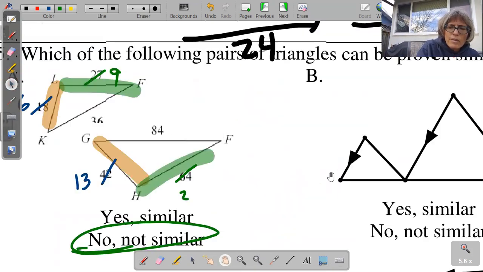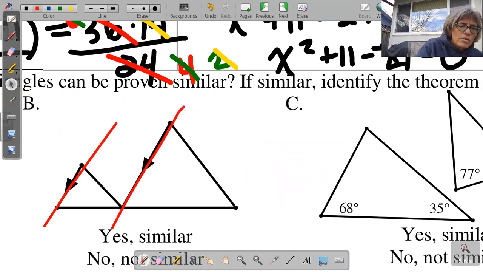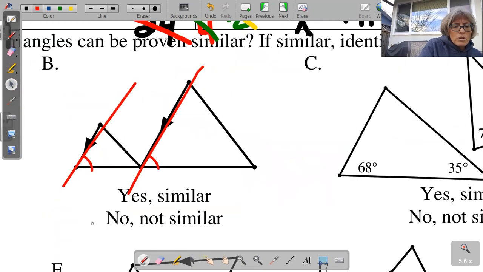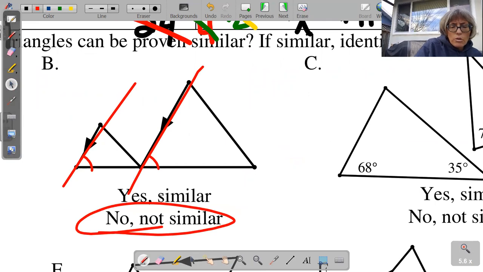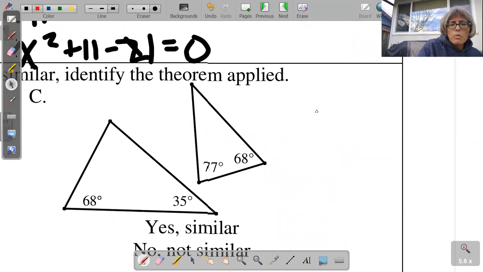Come over here. We have parallel lines. So that at least gives us these angles here, which are corresponding, but you don't get anything else. So you're looking for angle. So no, they're not similar. Let's take a look here. We're going to add 68 and 35.